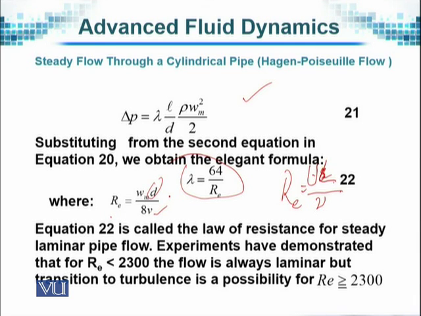Experiments have demonstrated that for Re less than 2300, the flow is always laminar. So what is it telling us? You are aware that some researchers consider the limit to be 2000, some take it up to 2200, and some 2300.